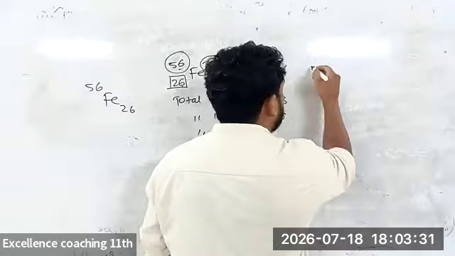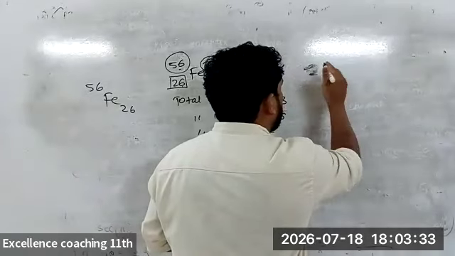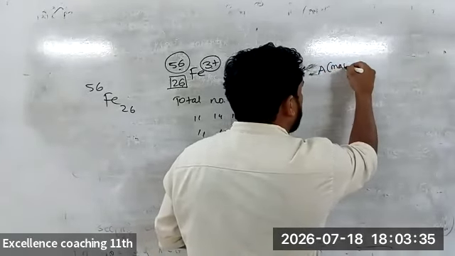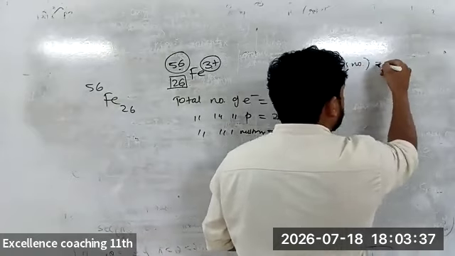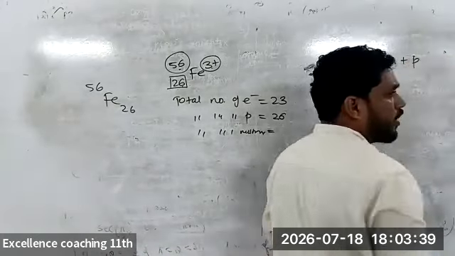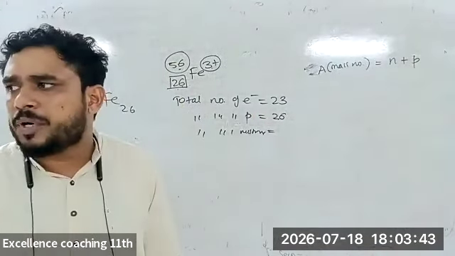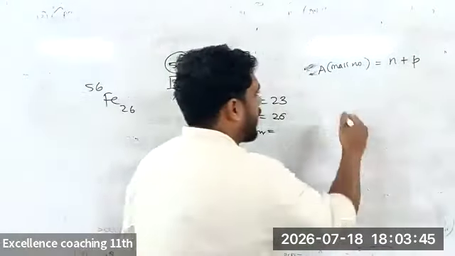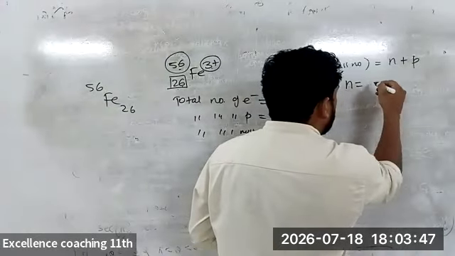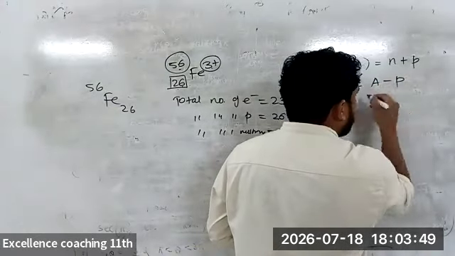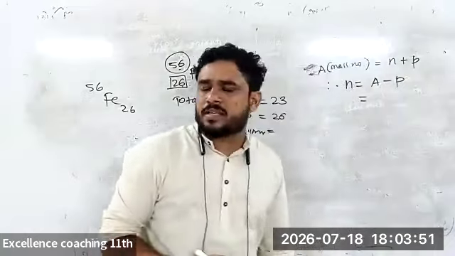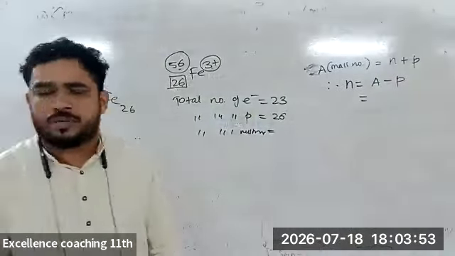To calculate neutrons, the formula is Z, sorry, A. A means mass number, which is equal to neutrons plus protons. Therefore neutrons will be equal to A minus P, that is mass number minus protons.